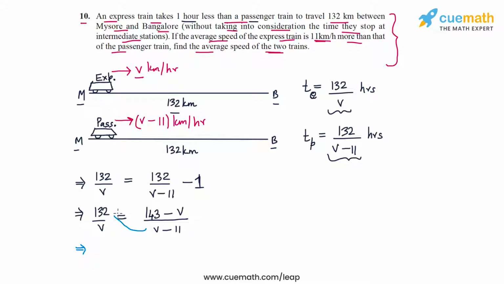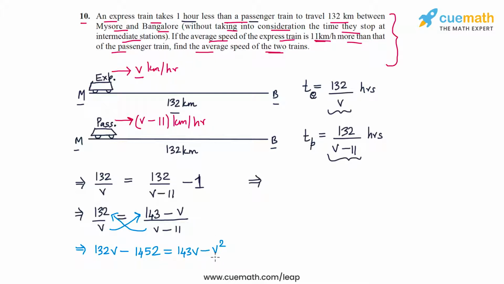And now let's cross multiply. So we have 132 times v minus 11, so that's 132v minus 132 times 11, which is 1452. And then let's cross multiply v with 143 minus v, so we get 143v minus v square. And now let's rearrange the terms.